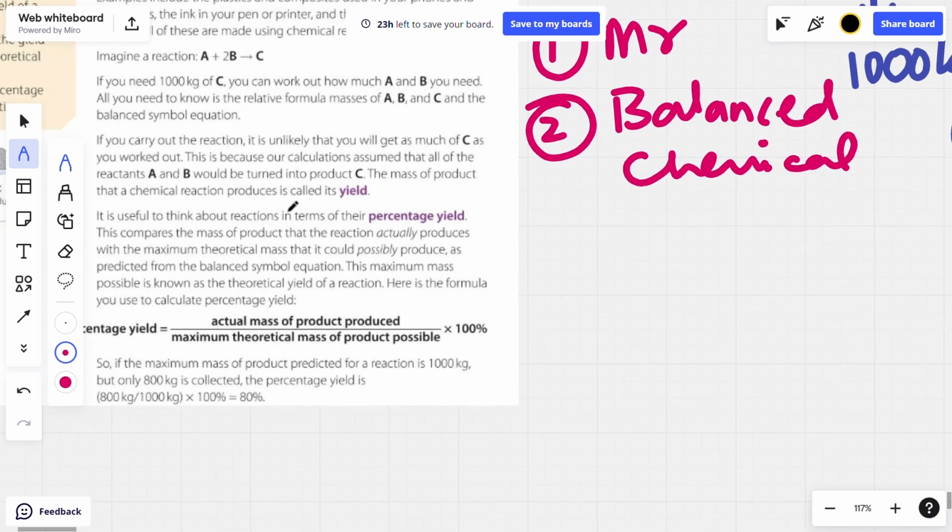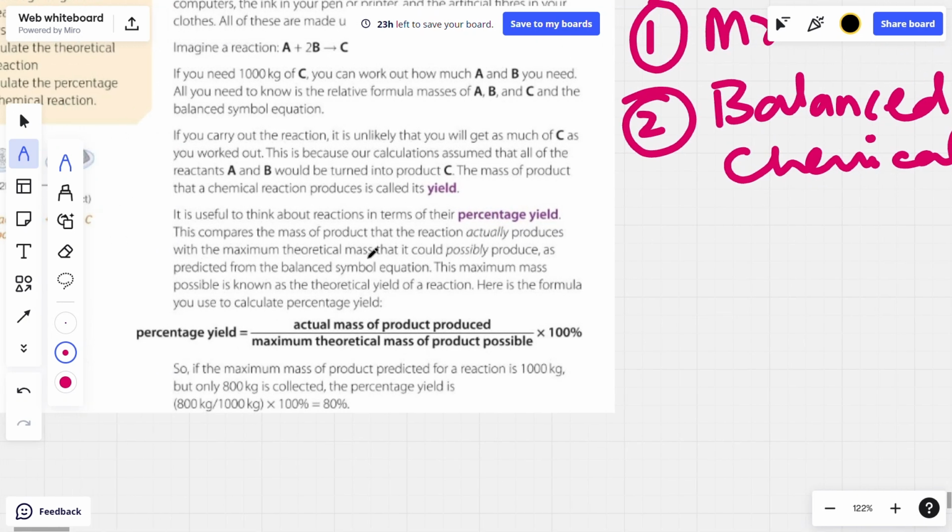So it is useful to think about reactions in terms of the percentage yield. The mass of the product that we actually produce is called the actual yield, while the mass that could possibly be produced, the predicted amount of product from the balanced chemical equation, is called the theoretical yield.